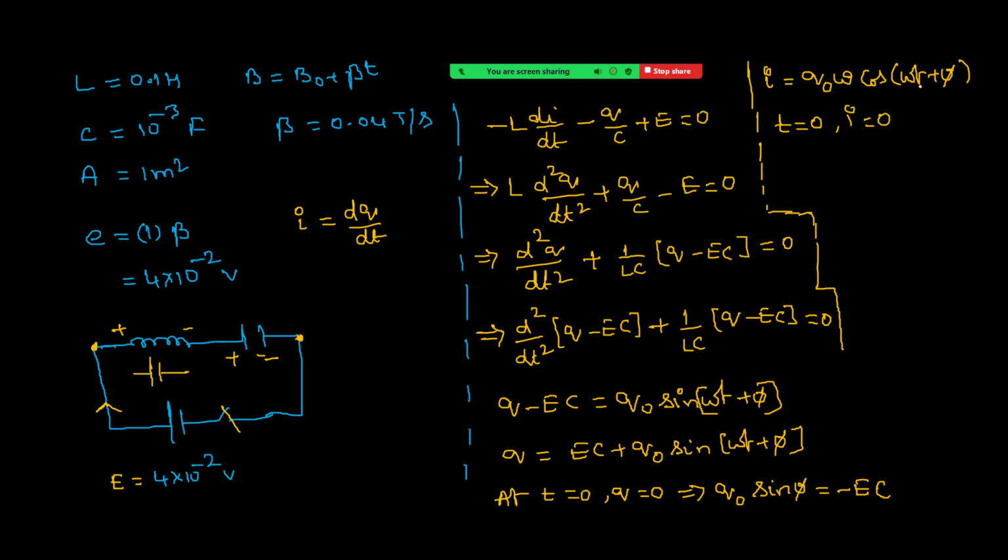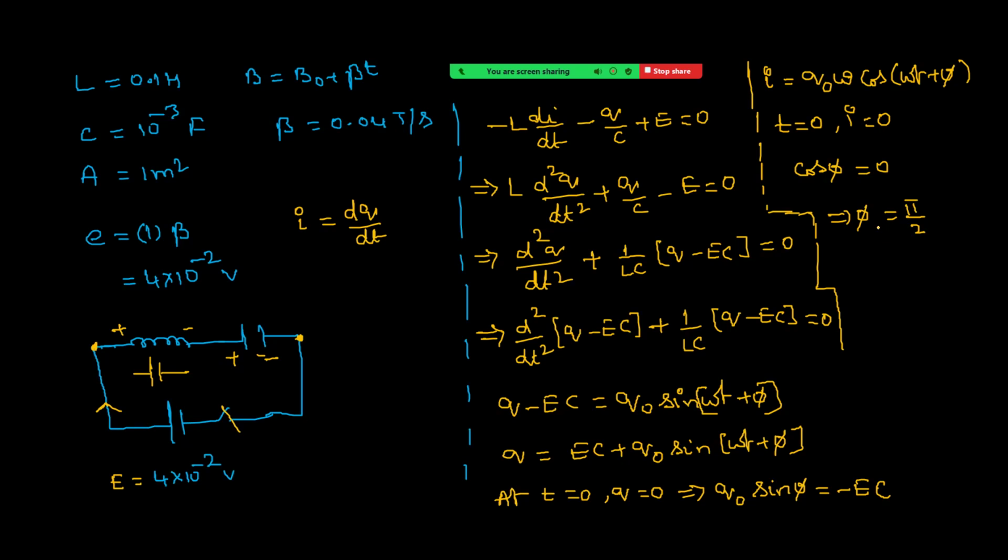Anyhow, Q naught omega is not 0, so remaining is cos phi. Cos phi is equal to 0. That means what is the phi value? Phi value is 90 degrees.